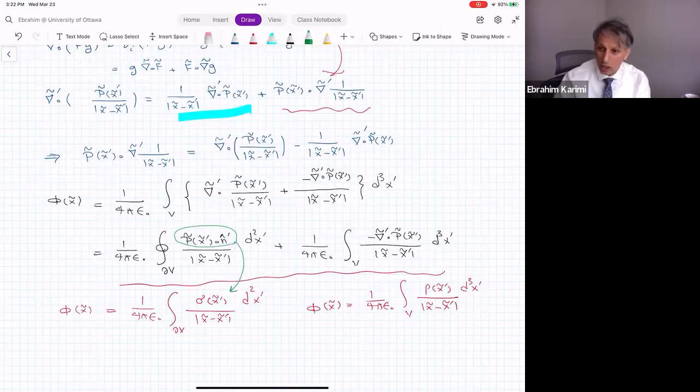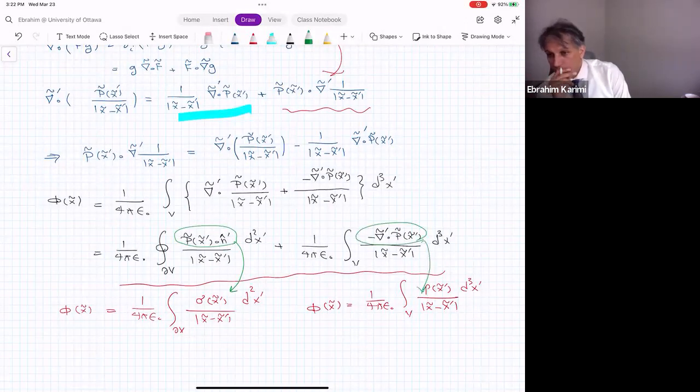Comparing these two forms with the above expression here, it brings us to a conclusion that this looks like a charge density on the surface, because that's an integral on the surface, and that one looks like a charge density on a volume. Do you agree, guys? So it seems that if you have a polarization or dipole moment density for a material, you have two contributions.